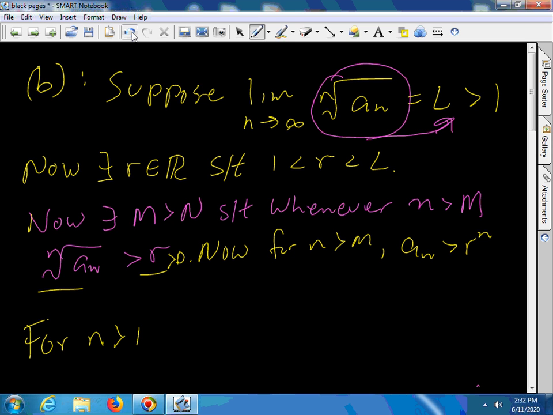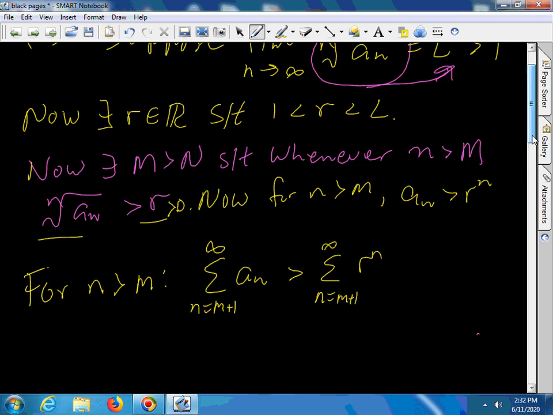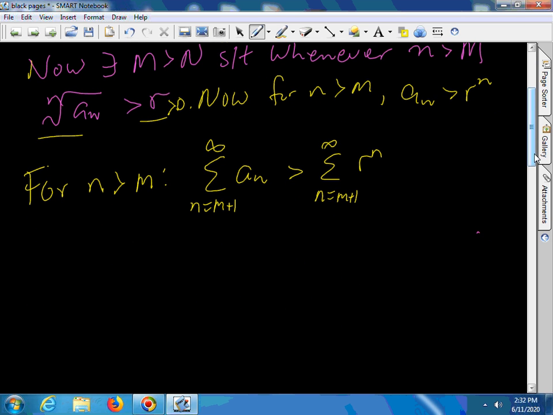For n bigger than m, the summation of a sub n as n goes from n plus 1 to infinity is greater than the summation as little n goes from n plus 1 to infinity of r to the n. But r is bigger than 1. This is going to diverge.